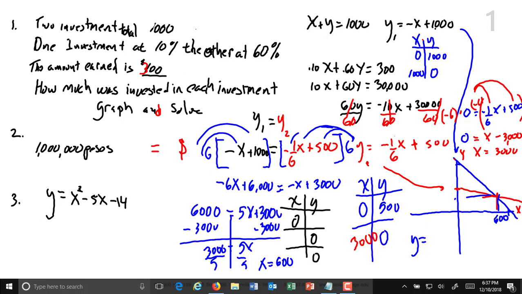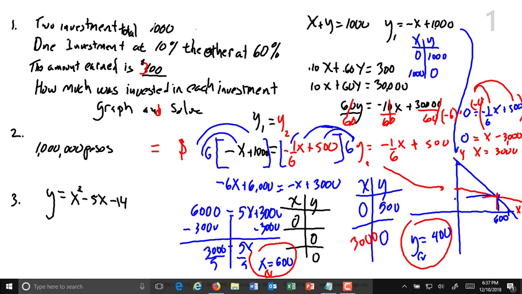Do you see what I did? I plugged 600 here. Minus 600 plus 1,000. These are critical values. That's going to be 400, right? So what I got is the y critical value when you plug in this critical value.